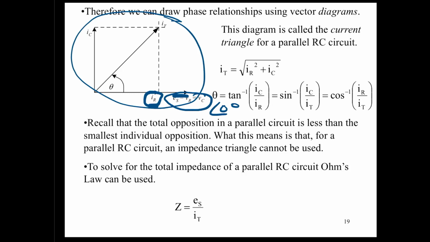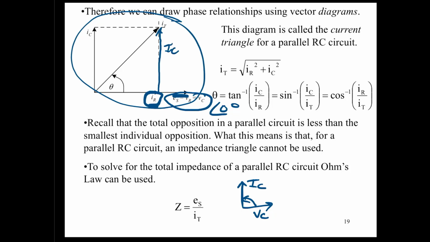So we know that we have an IC leading VC by 90 degrees. So in this example, you've got a leading value of IC, 90 degrees.